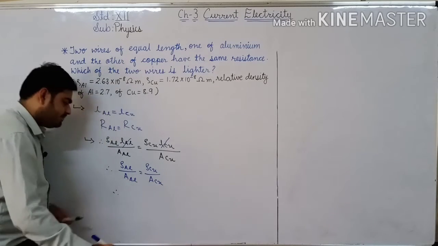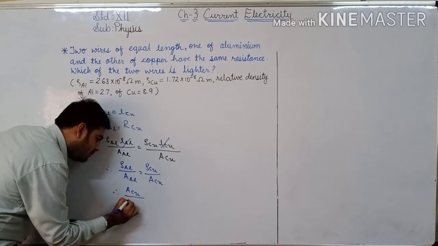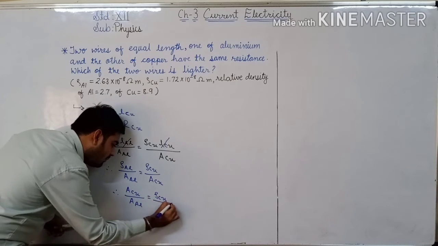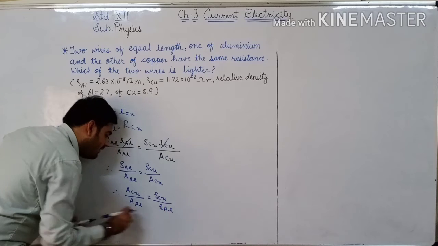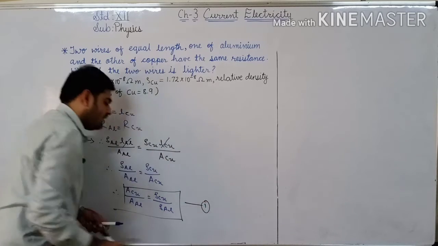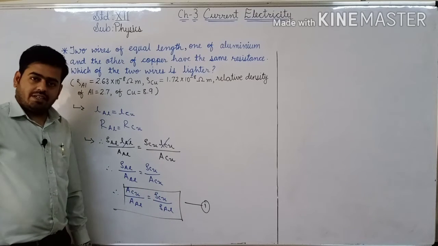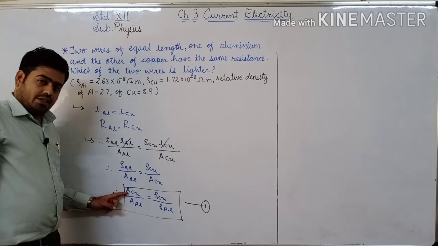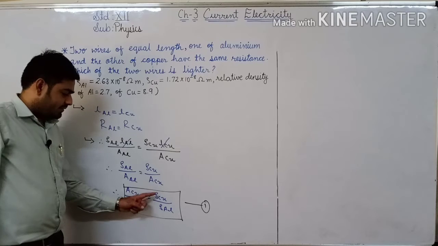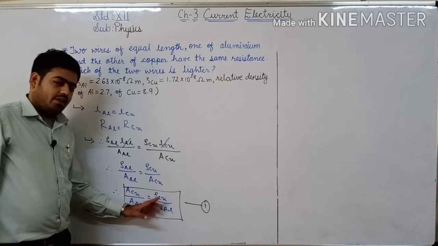Therefore, we can write A_Cu upon A_Al is equal to rho_Cu upon rho_Al. Equation number 1. Now we got the relation between area and resistivity. Ratio of area of copper wire to aluminum wire is equal to ratio of resistivity of copper wire to aluminum wire.